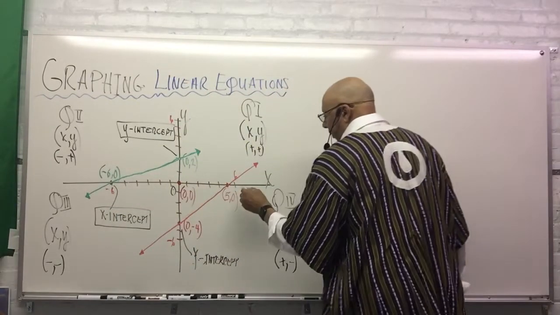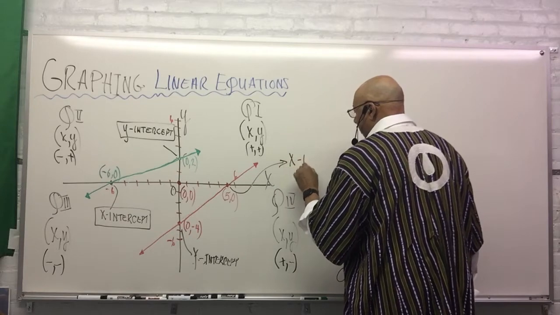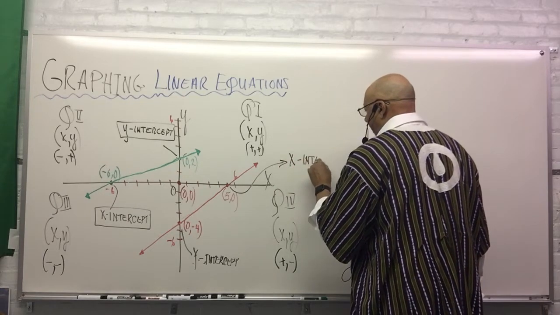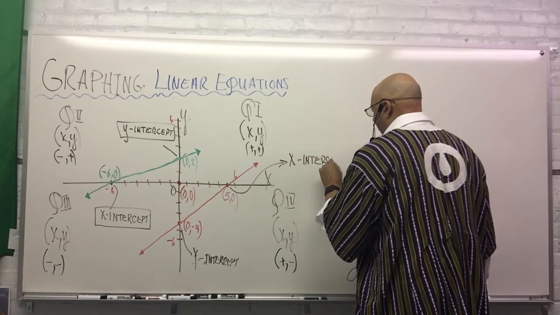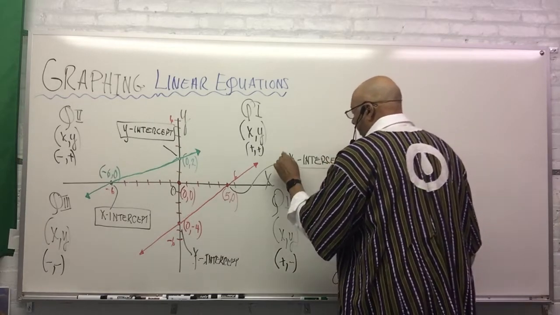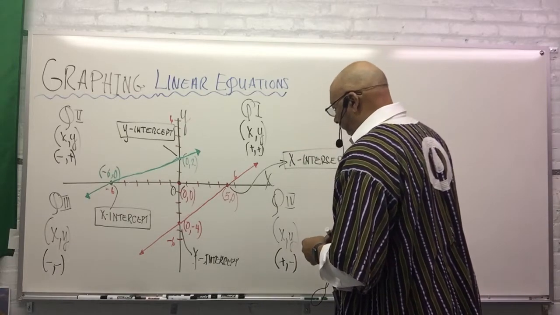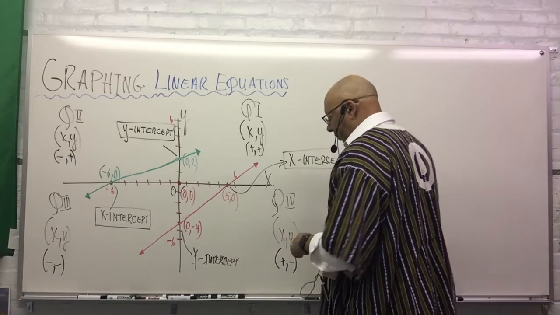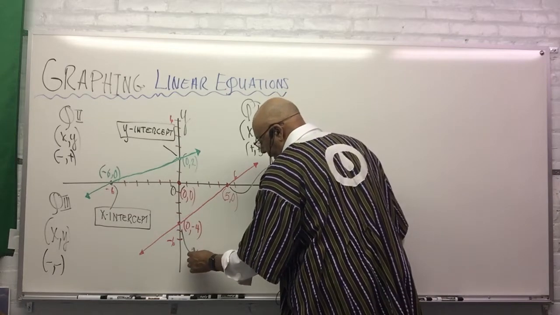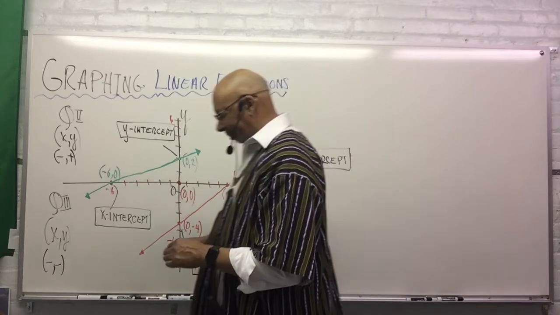So I'm going to put this out here and say x-intercept. So now we have two lines. They cross the x-axis and the y-axis. So the points at which they cross the axis are our intercepts.